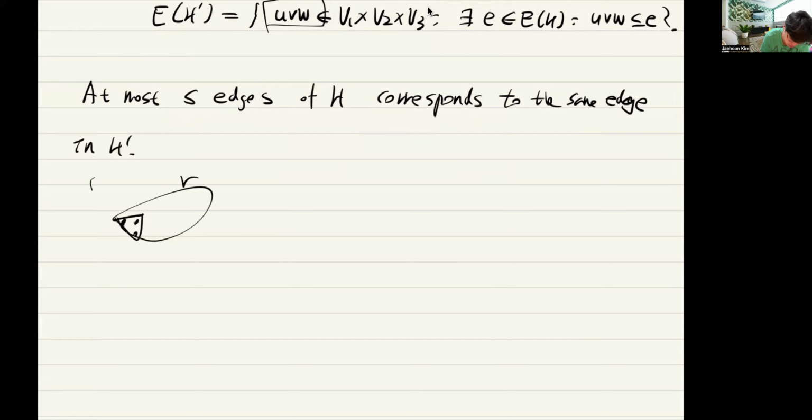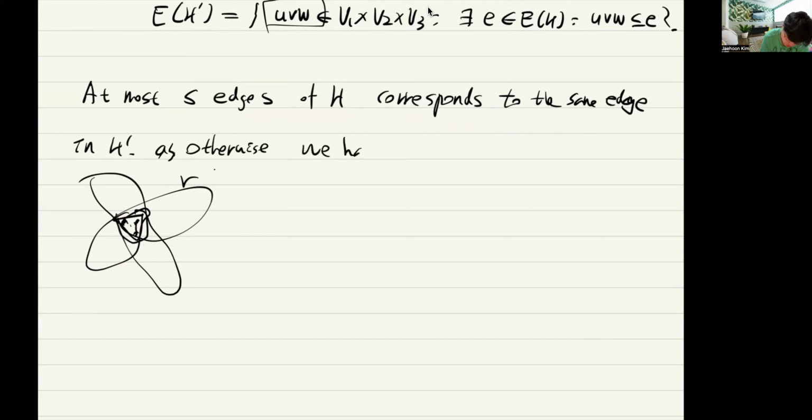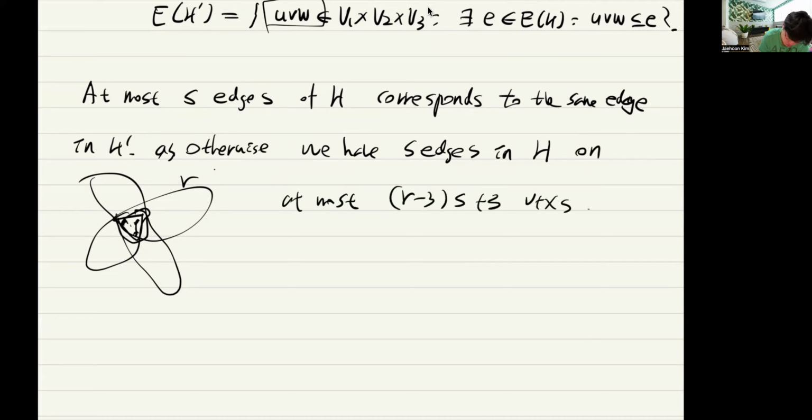Then there are r sets, r sets, r sets, which are all hyperedges in H, which intersect at 3 points. Then what? They span. Otherwise, we have, say, f edges in H on at most (r−3)s+3 vertices. A contradiction.